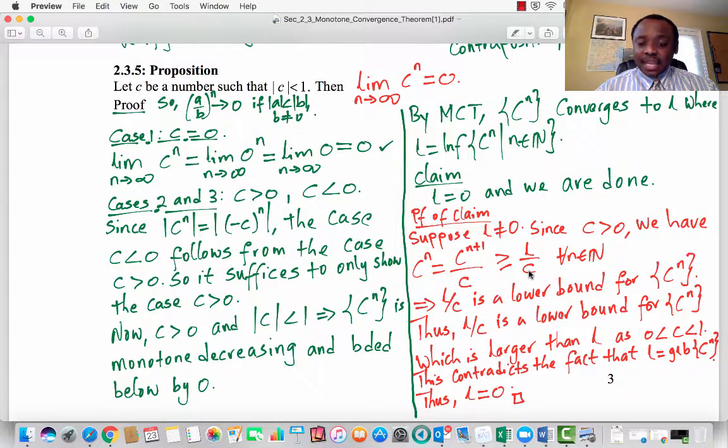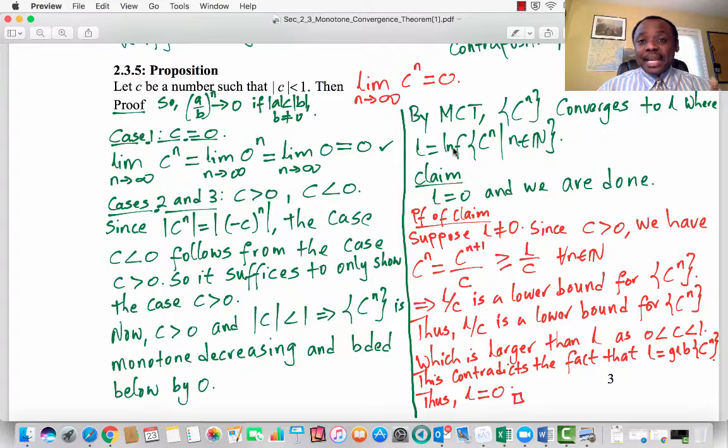But what does that mean? I have shown that c to the n is greater than or equal to L divided by c. So L divided by c is a lower bound for our sequence c raised to the power n. But that is a problem, because L divided by c is actually larger than L. So we are going to contradict the maximality of L. L is the greatest lower bound.